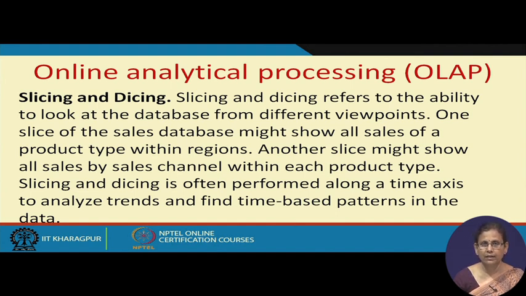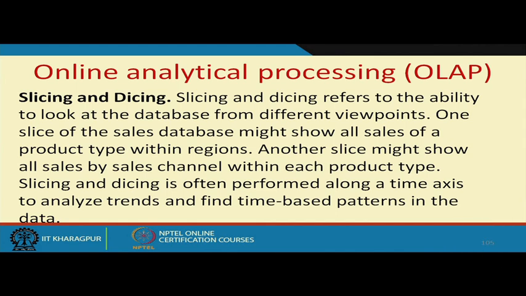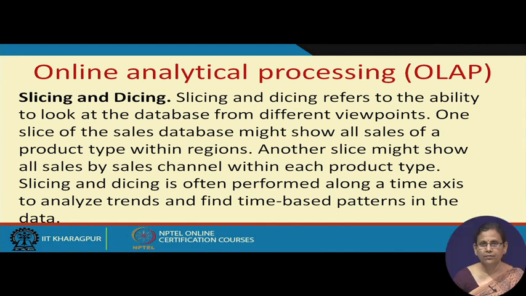In this 3 dimensional database, if one part of a dimension is removed, it is called slicing. If more than one such thing is removed and you get a smaller data cube out of a bigger cube, it is called dicing. So, with this we finish our discussion on the data resources of an organization.